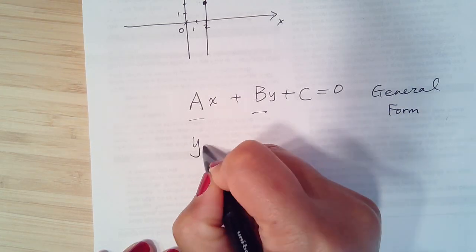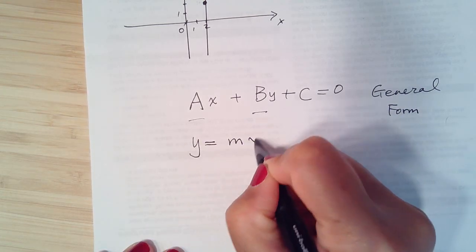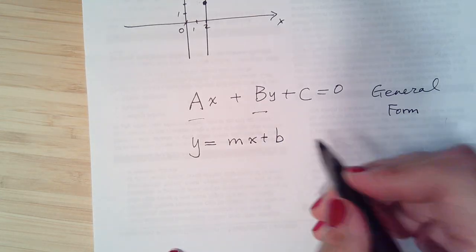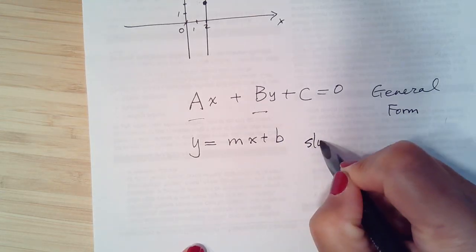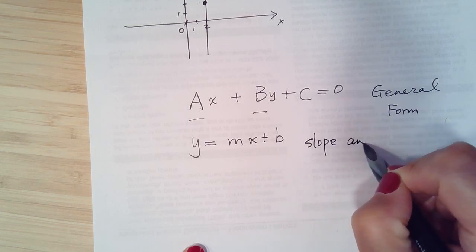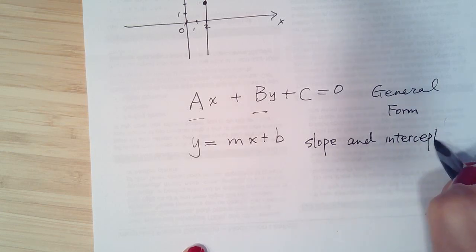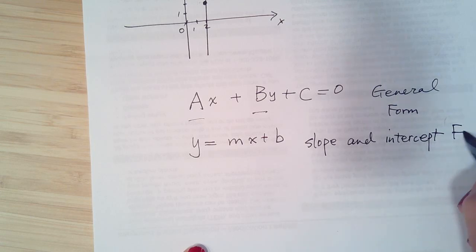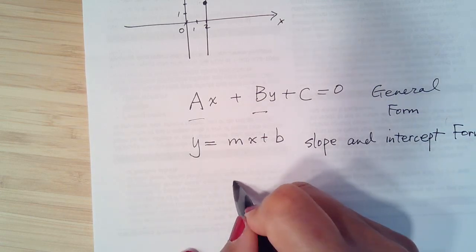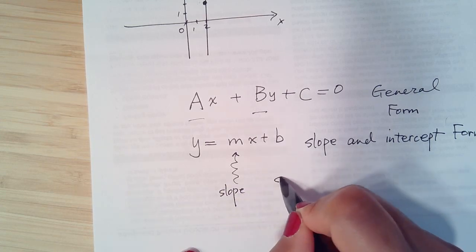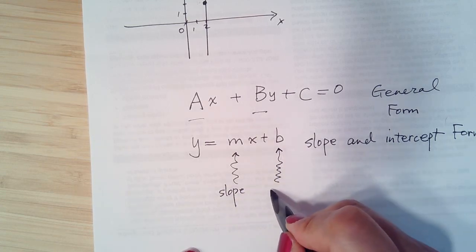The other one is y equals mx plus b. You might be more familiar with this one. This one is called slope-intercept form. What does that mean? That means this m is my slope, and this b is my y-intercept.